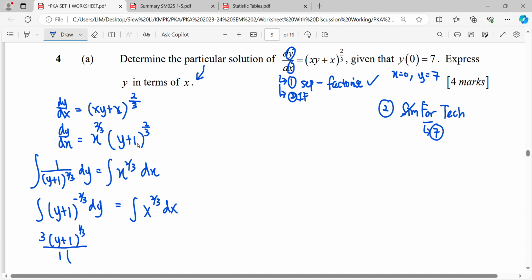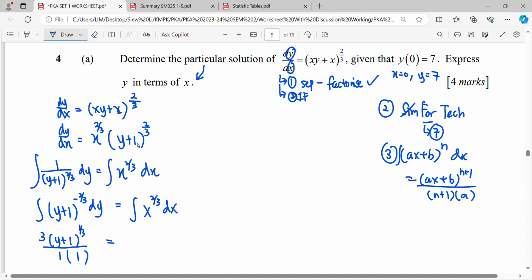Then in the bracket, coefficient of the y is 1. So formula number 3 has 3 steps: power plus 1, over new power, coefficient of the x. But this one is not x, so coefficient of the y. (ax + b), and integrate. So (ax + b), power plus 1 over new power, coefficient of x is formula number 3.